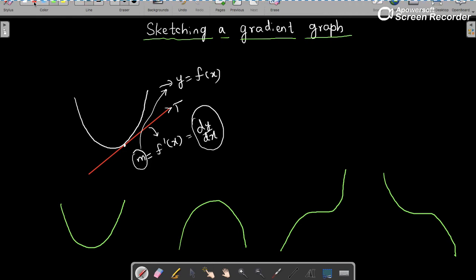For a concave up curve, the graph is decreasing down here and the graph is increasing up here. In the second case, the graph is increasing first, then halts here for a while, it pauses, and then decreases down here.